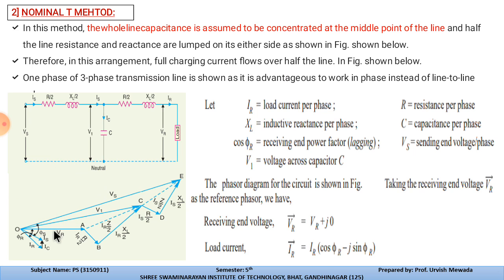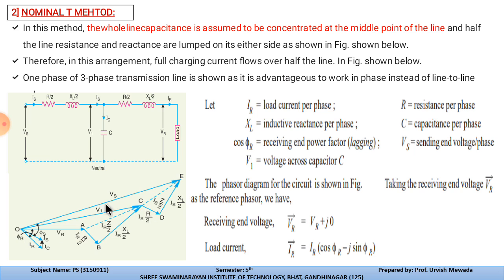The load current IR lags behind VR by phi R. The drop AB is equal to IR, the receiving end current, into R by 2, in phase with IR. And BC is equal to IR into XL by 2, which leads IR by 90 degrees.